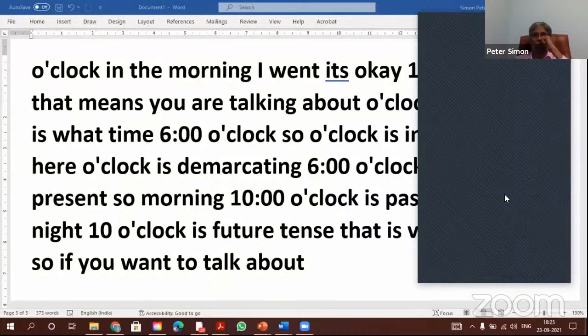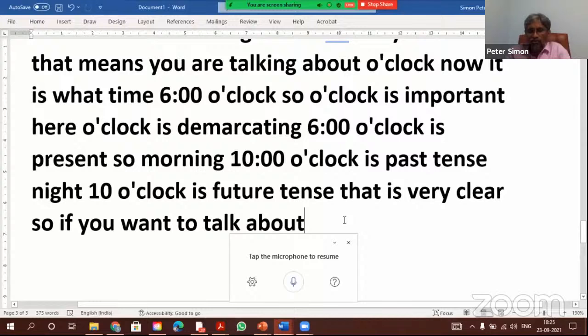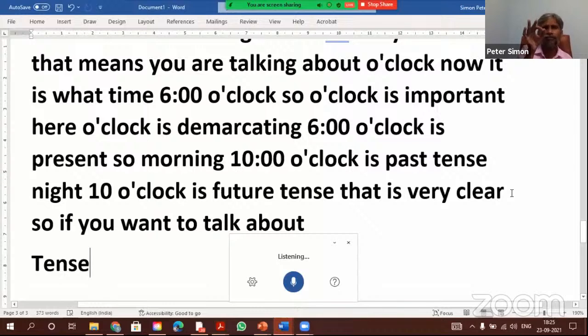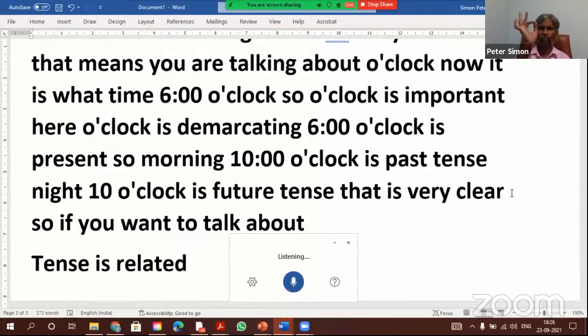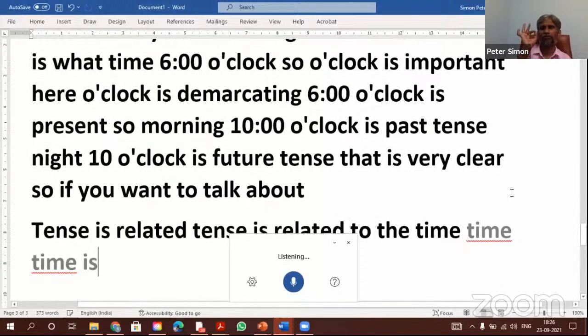Right. And that's all. Next, we are moving forward. So now what is this tense? Tense is related to the time. Time is the unit of measurement.